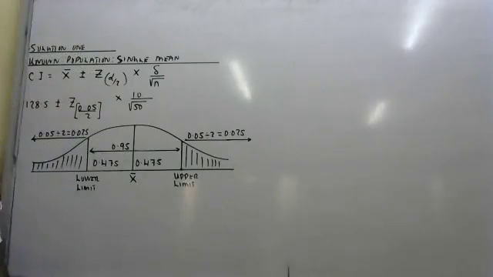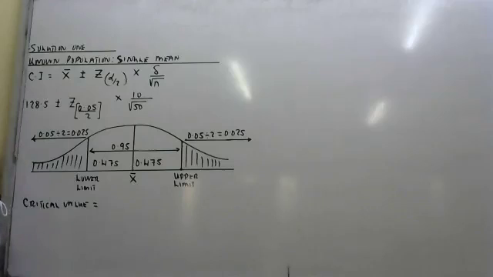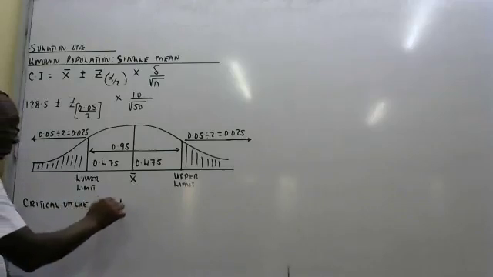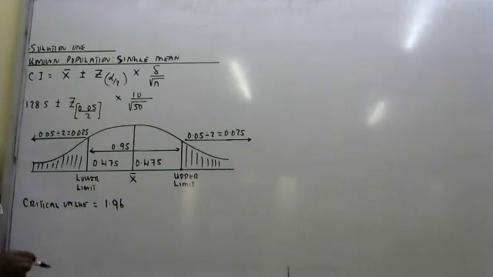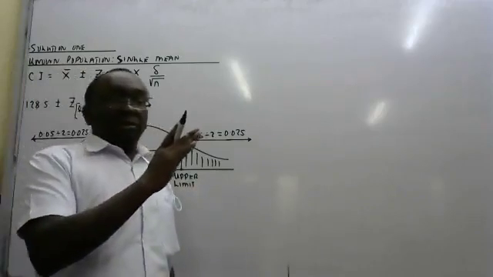If you have gotten it, I will come here and say critical value. Reading along the row, it is 1.9 and along the column 6.